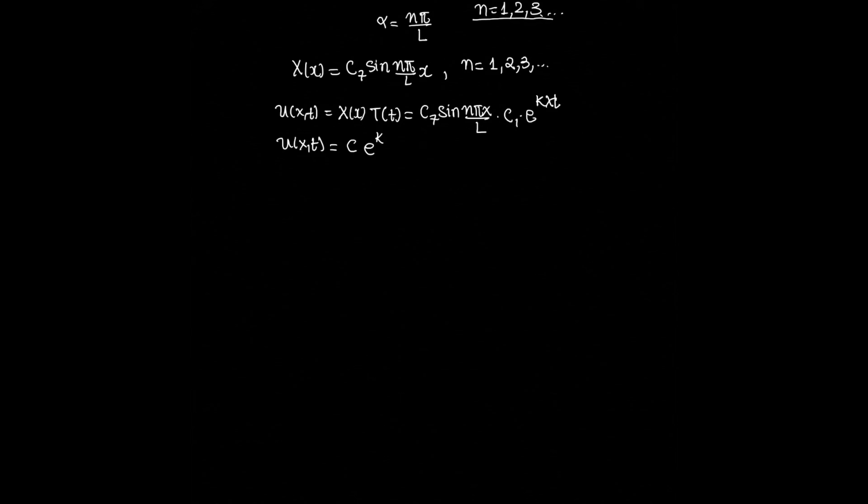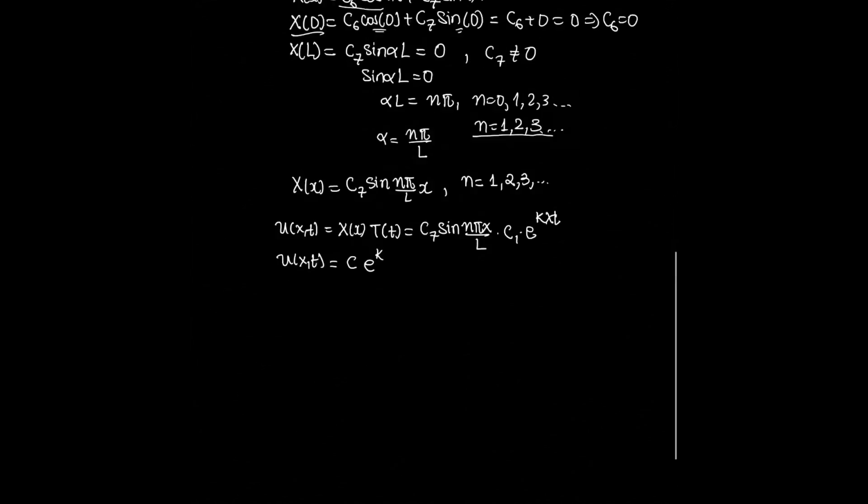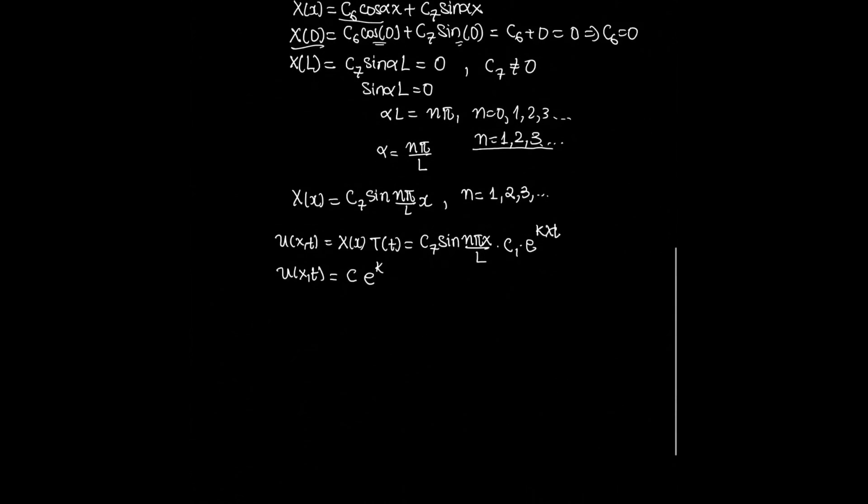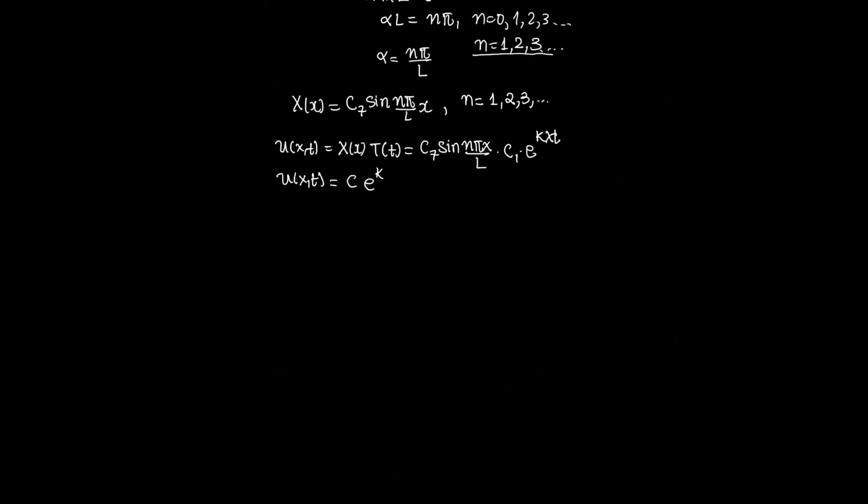k and alpha, we got the solution lambda equal to minus alpha squared, right? So we have minus alpha squared t, sine of n pi x over L for n equal to 1, 2, and 3, and so on.